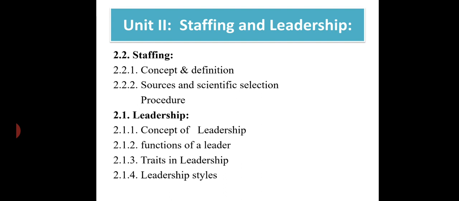There are two types of sources, internal and external, and we'll learn the various types of both. And what is the scientific selection procedure? That means how to select the right candidate for your organization. So what is the scientifically proven selection procedure? We'll be learning that in the staffing part.